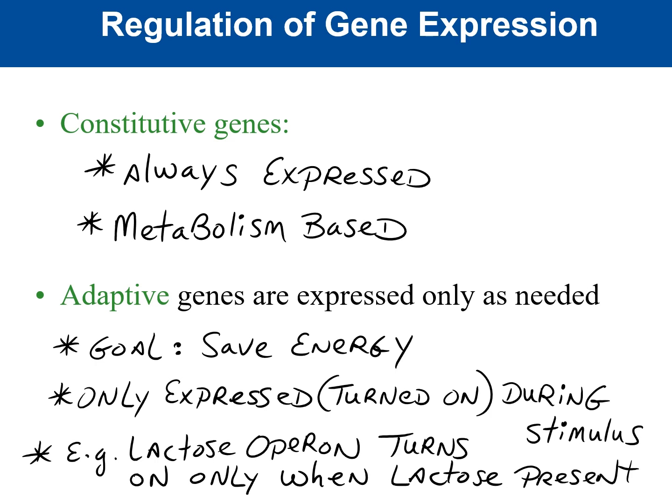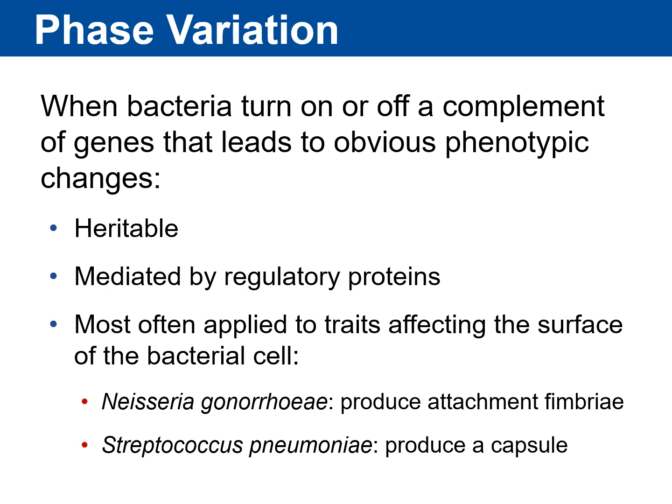And before we get to the lactose operon, let's take a look at something called phase variation. Phase variation is a term used to describe adaptive genes being turned on or off, and those adaptive genes are often contained in a complement of genes that we refer to as an operon, as we'll see in the next slide. And when an operon is turned on, it will lead to an observable or phenotypic event that we can see.